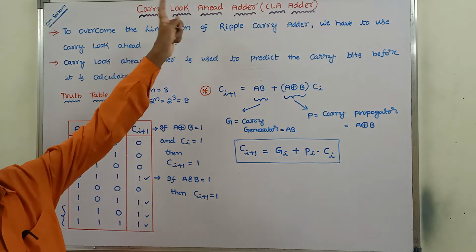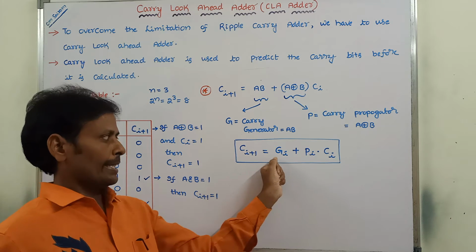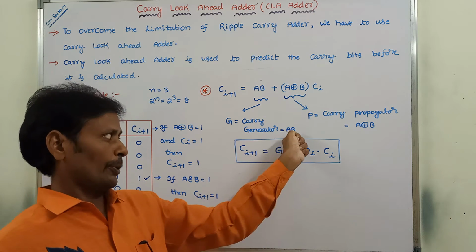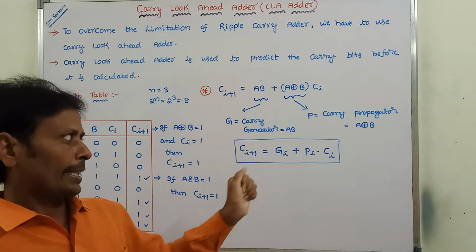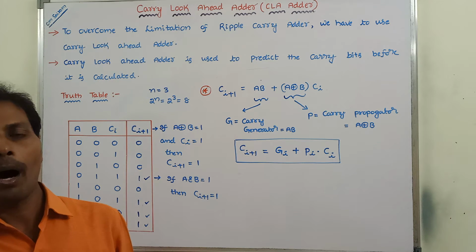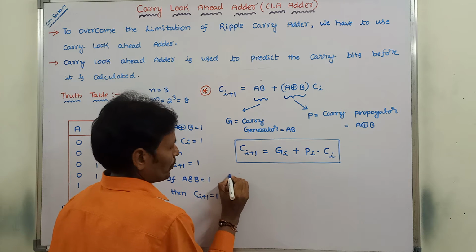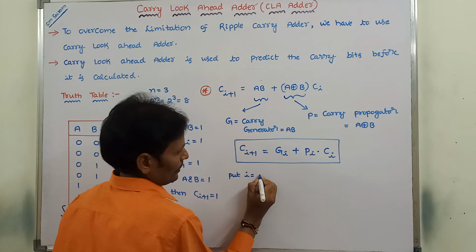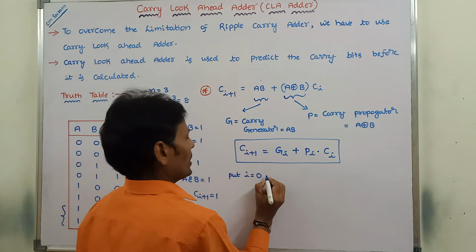In the carry look ahead adder, we have to use two components. One is the carry generator, that is nothing but G is equal to AB. The second one is the carry propagator, that is nothing but P, which is equivalent to A exclusive OR B. Okay, now put I is equal to 0 in that equation.